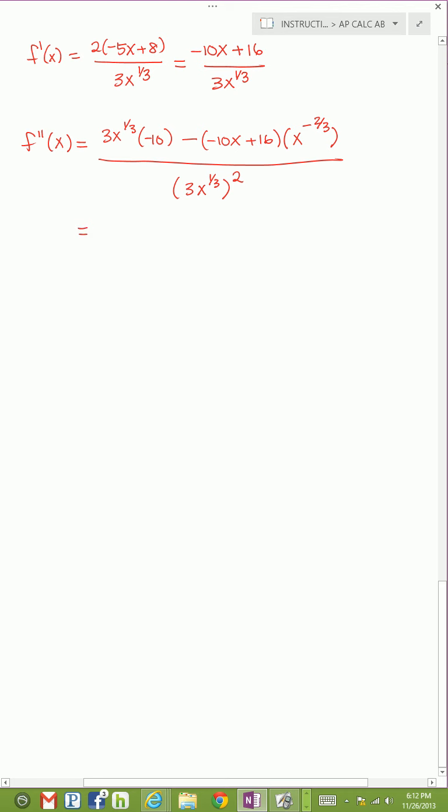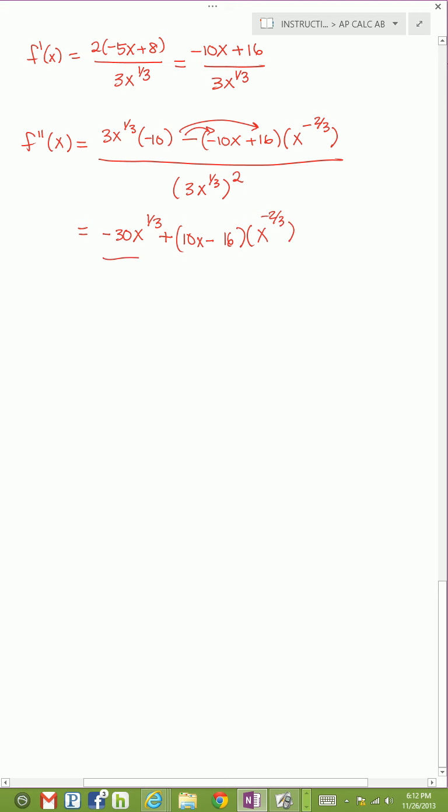So first thing here, I'm going to multiply that, and I get negative 30x to the 1/3. Here, because of this minus, I'm actually going to distribute my minus to this term. I'm going to get positive 10x plus, or sorry, minus 16. And then multiply it by x to the negative 2/3.